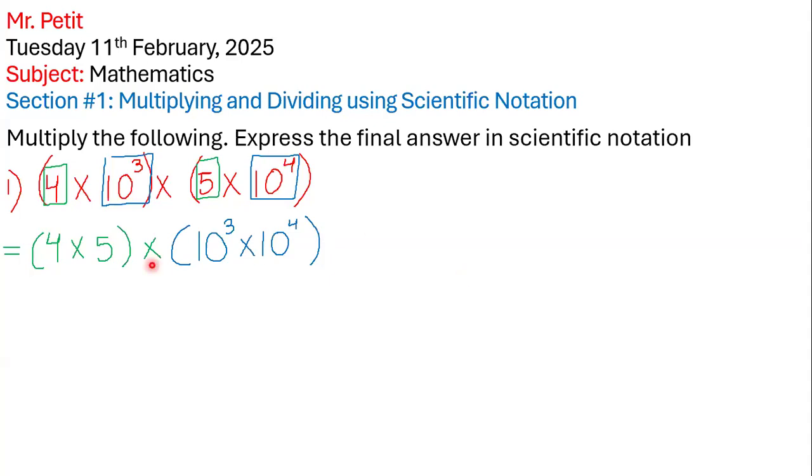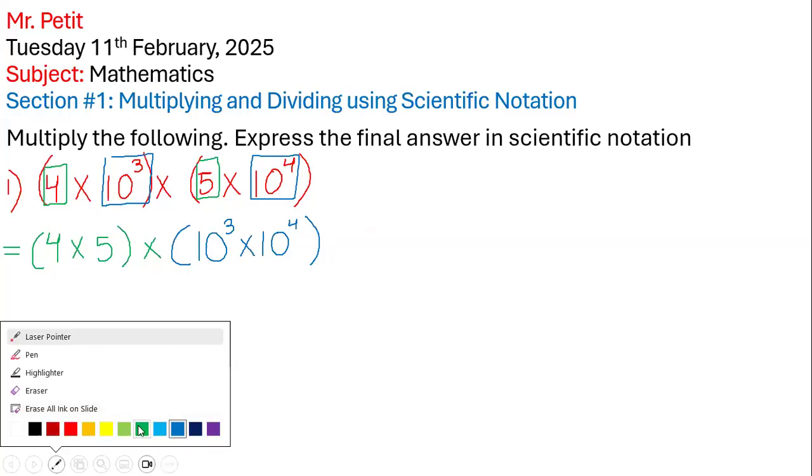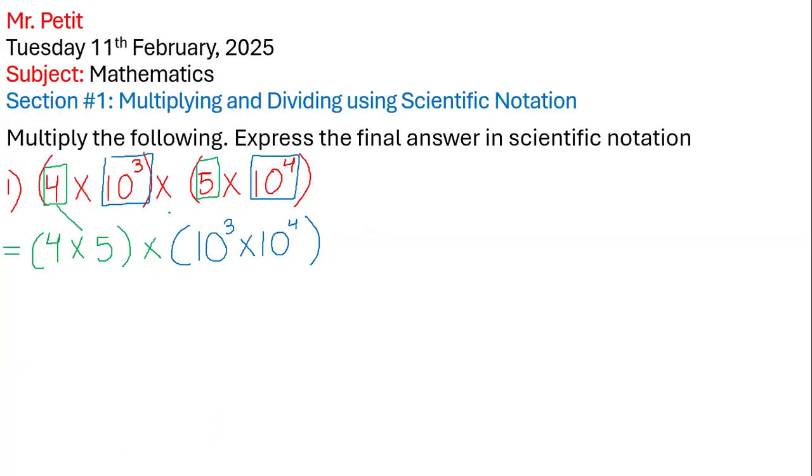I just got them from above, right? So I just took this 4 and this 5, and then I took this 10 and that 10. All I did was group the like terms, the constants together, and then the numbers that are base 10 together, all right?